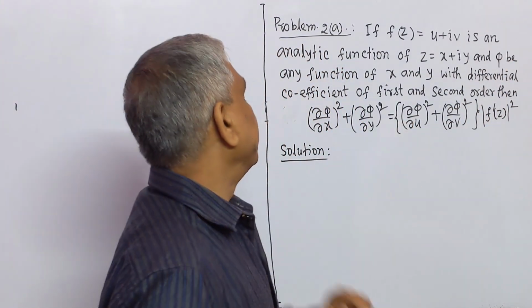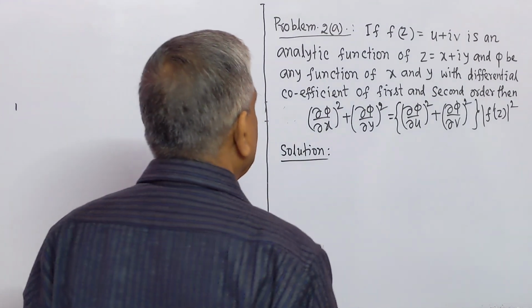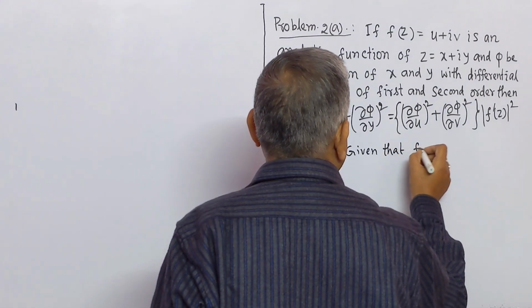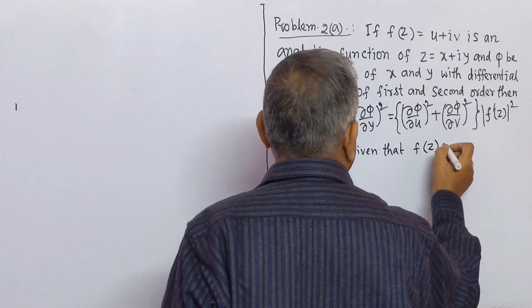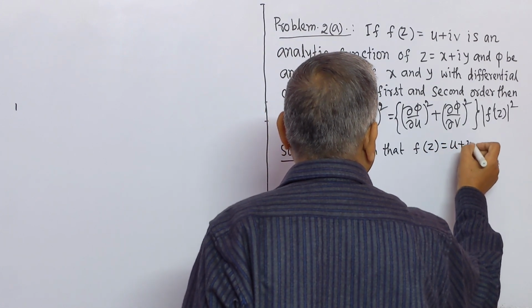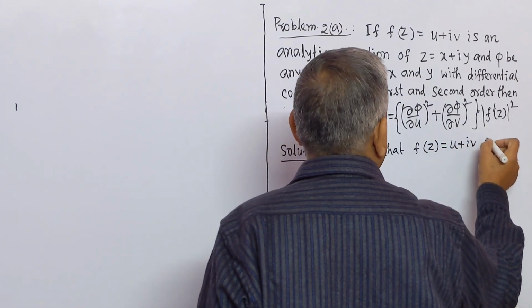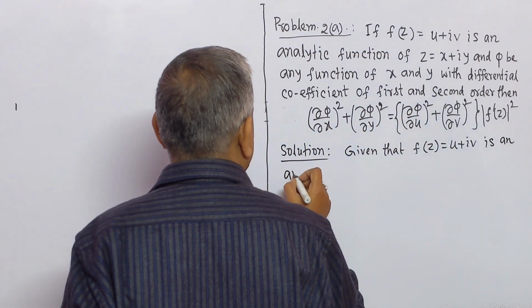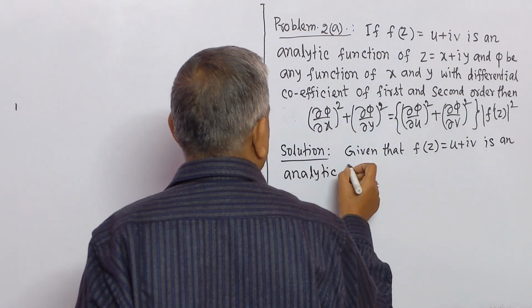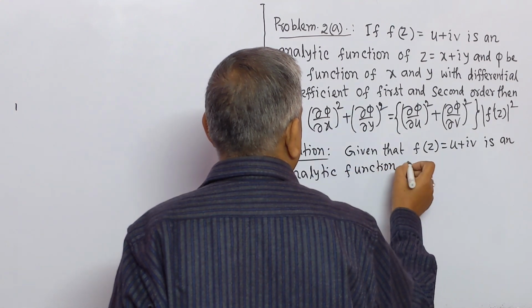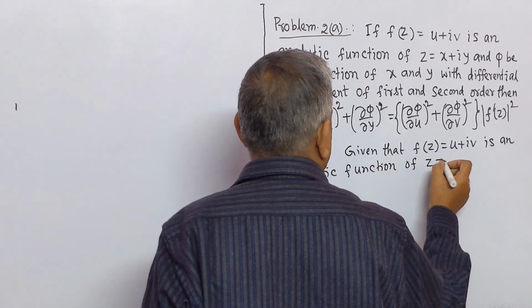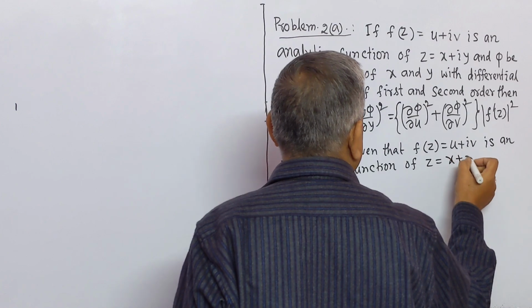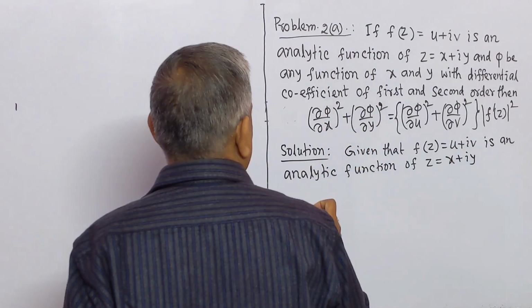Now we solve this. Given that f(z) equal to u plus iv is an analytic function of z equal to x plus iy.